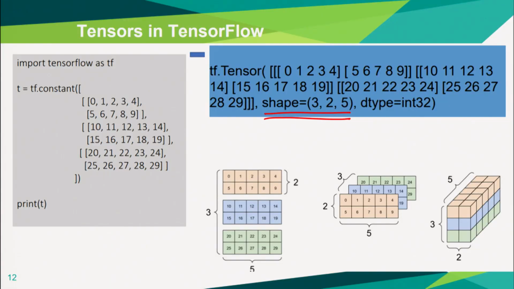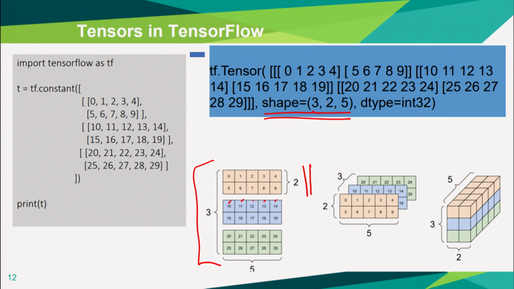In those cases we have to understand how to depict the shape. So, see here, 3, 2, 5 indicates there will be 3 row sets of data, and each row contains 2 sets of values, where within that there are 5 different values.